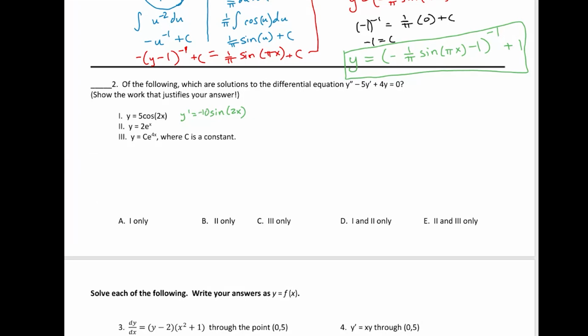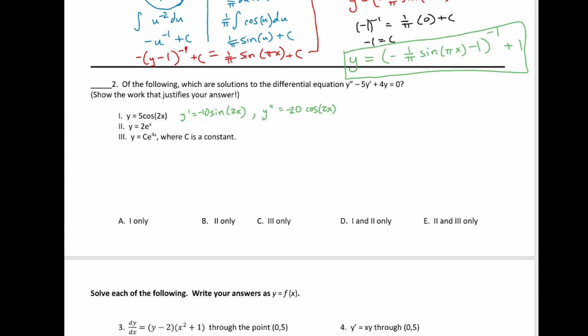And then if I want to differentiate that again, y double prime is going to be -10 times the derivative of sine, which is cosine, so cosine of 2x. And then using the chain rule, we have to multiply by the derivative of 2x, which is 2. So that -10 is going to become a -20. All right, so that's for the first one.